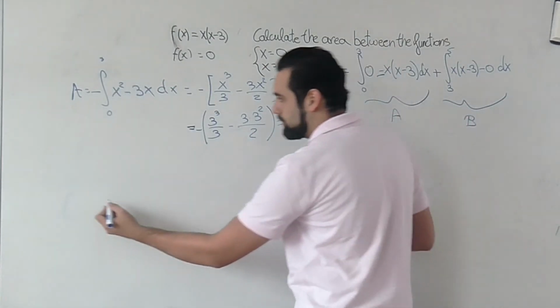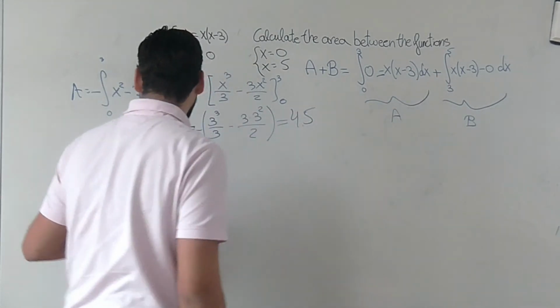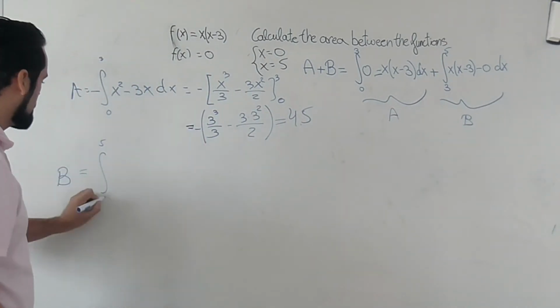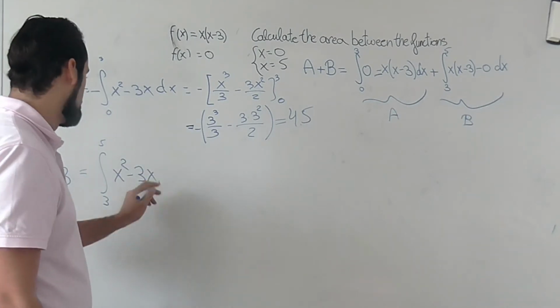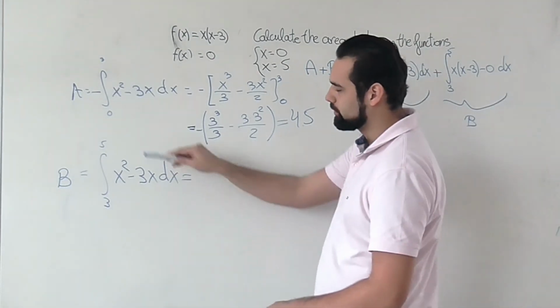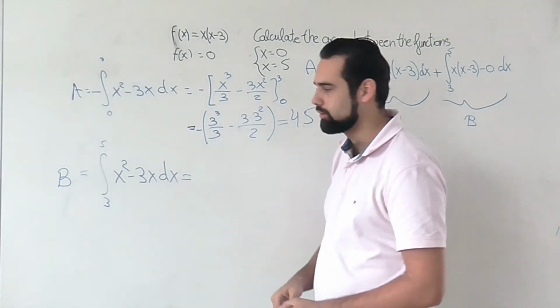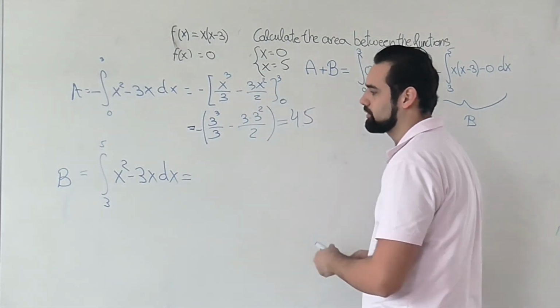And now if we go to B, it equals this part over there, so the integral. When we calculate this integral, we have to go from the upper range to the lower range. So since this structure is already here, we're just going to use this structure over here.